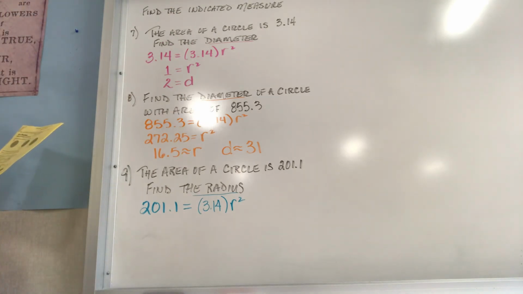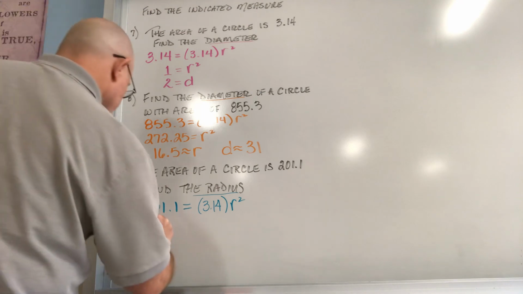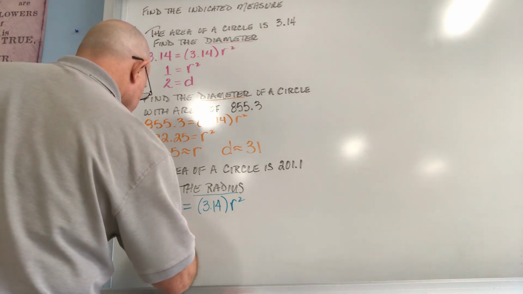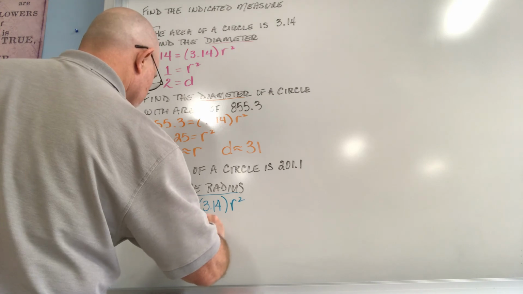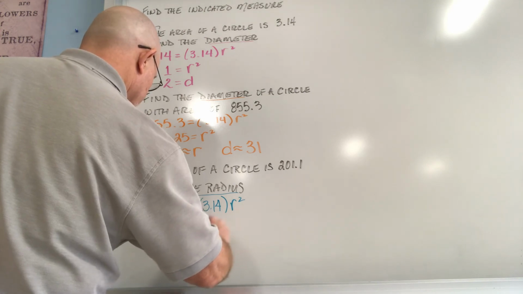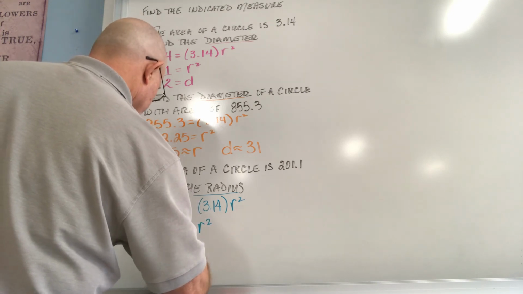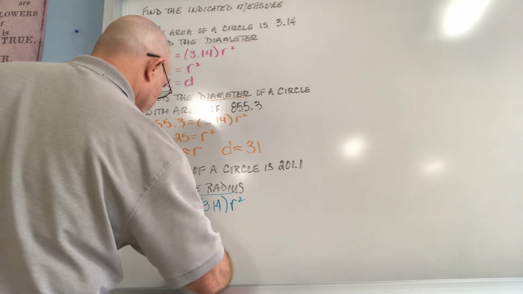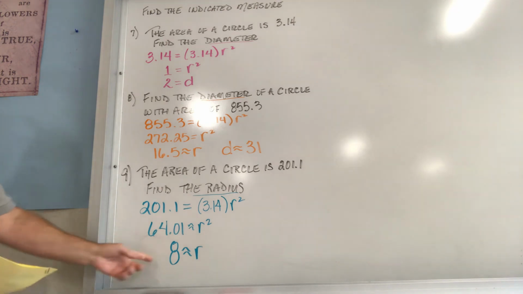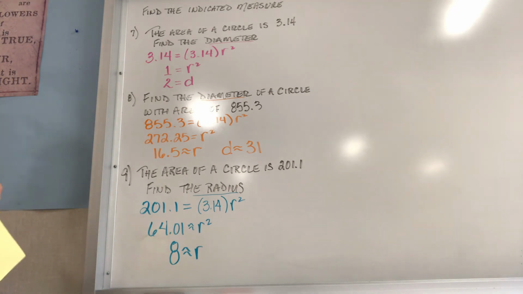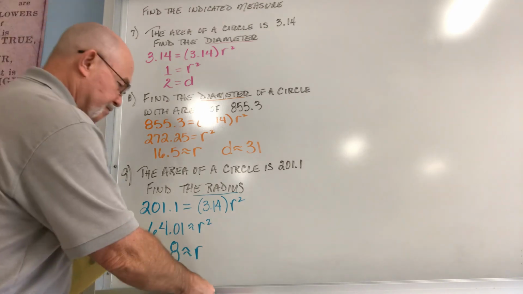Divide both sides by pi. And since it takes the 0, 1, we can just approximate down to 8 for this one. And that's what we're doing on this.